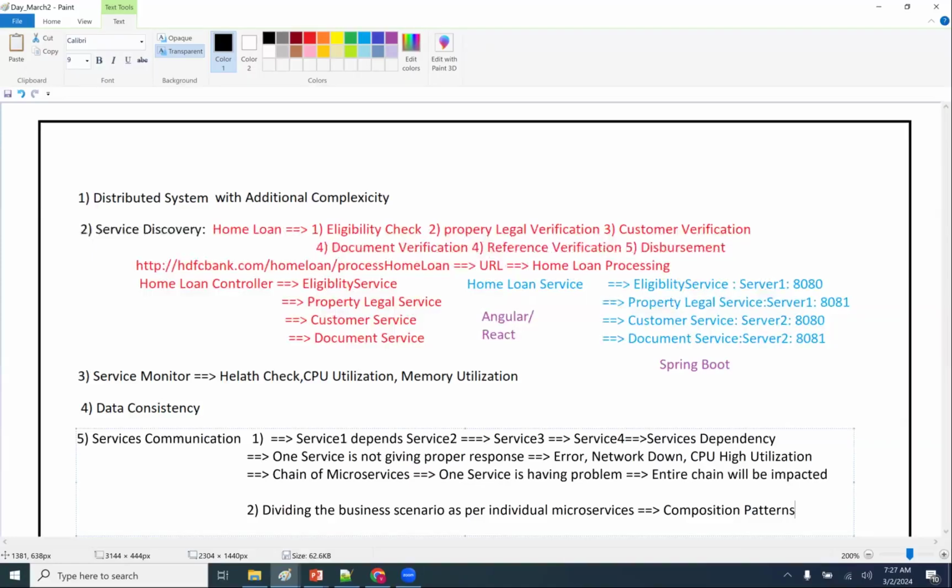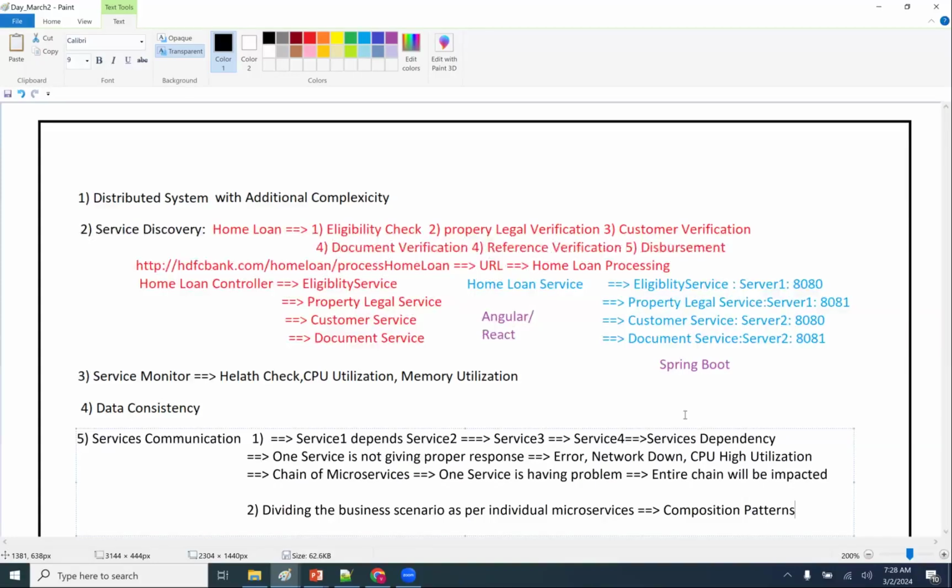Every business feature, I cannot make one microservice. If my business has 1,000 features, can I come up with 1,000 services? We know 1,000 services is very challenging in maintenance, right, guys?